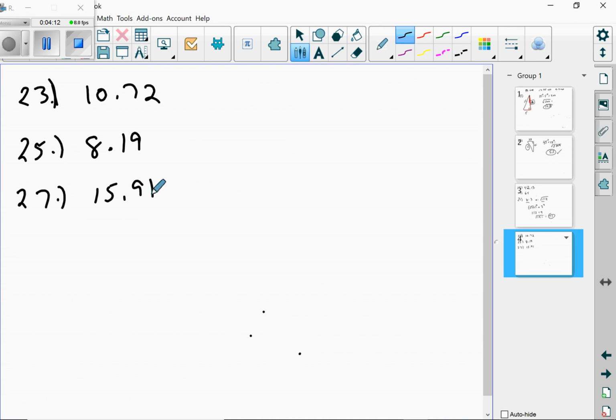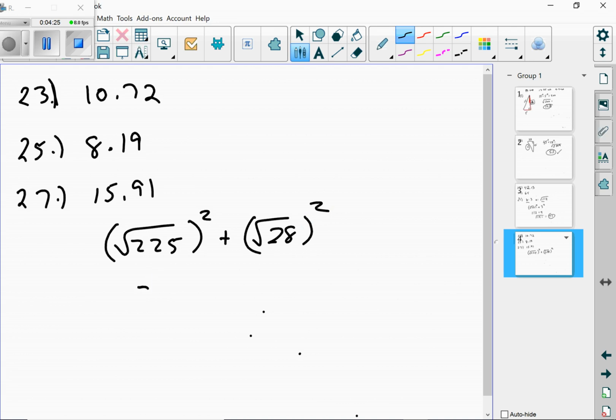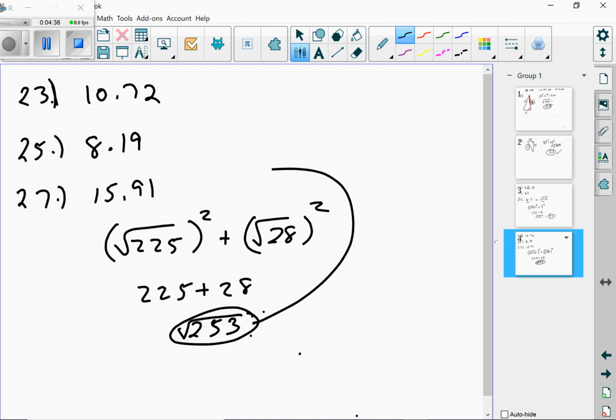Look, on 27, I'm actually finding the hypotenuse again, so we're going to add them. The square root of 225 squared plus the square root of 28 squared, right? This is 225. This is 28. I add those, I get 253. And pretty sure that square root equals 15.91. Okay, just kind of showing you that.